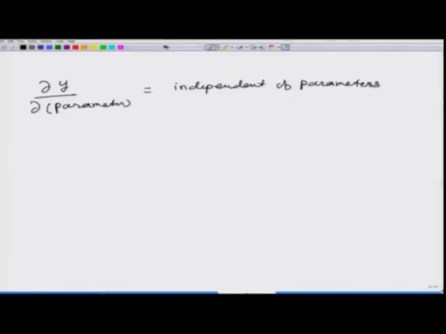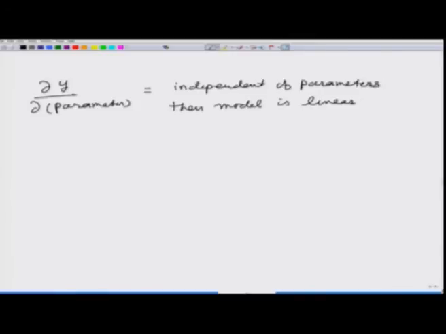Looking at these four equations, if I write the partial derivative of the output y with respect to all the parameters, and if this is independent of parameters, then the model is linear.